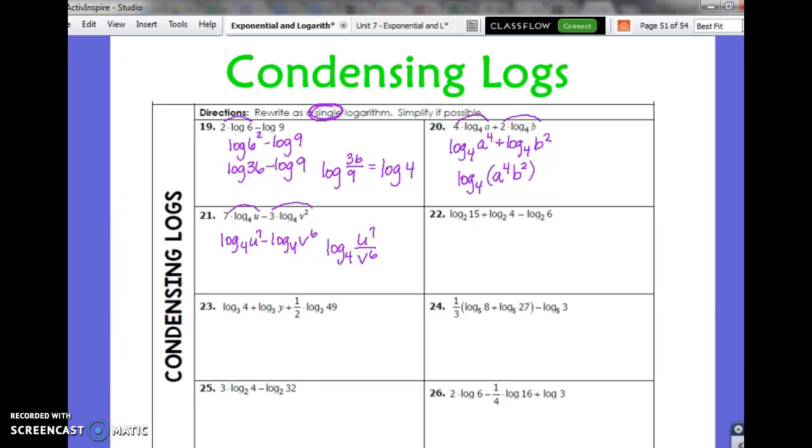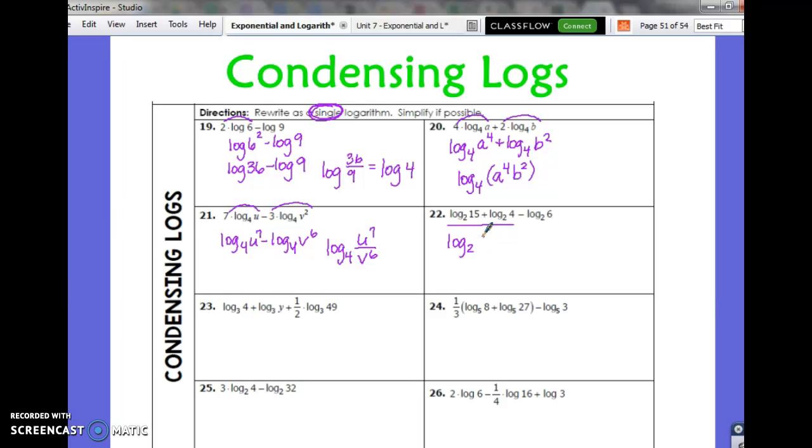If you have multiple logarithms, as we see in number 22, you just work from the left to the right unless you have grouping symbols. So I'm going to look at these first 2 to begin with, just moving from left to right. If I've got 2 logs that are being added, I can condense them together using multiplication.